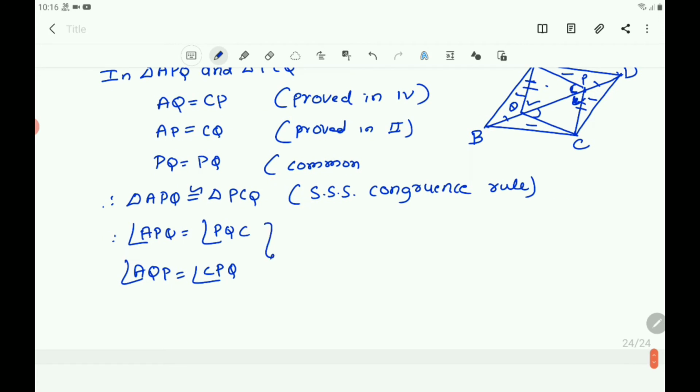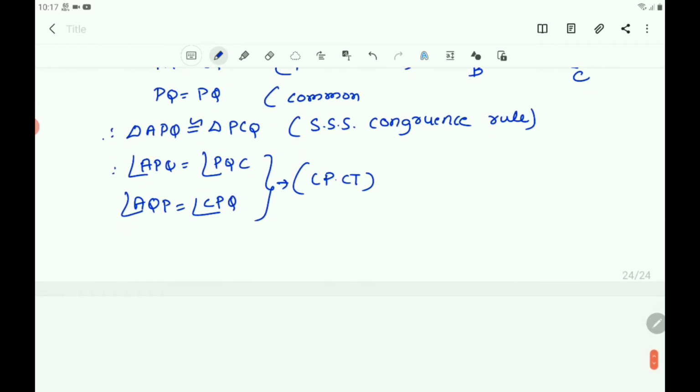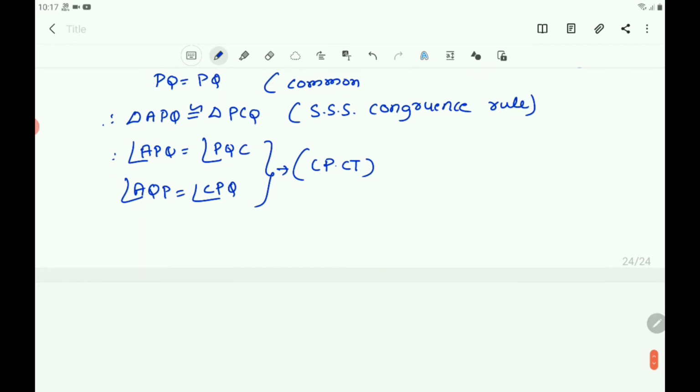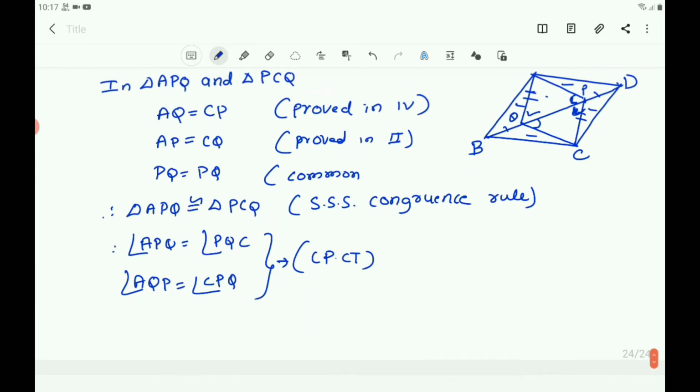Same reason you can give, according to CPCT, and these equal angles are the pairs of alternate angles.